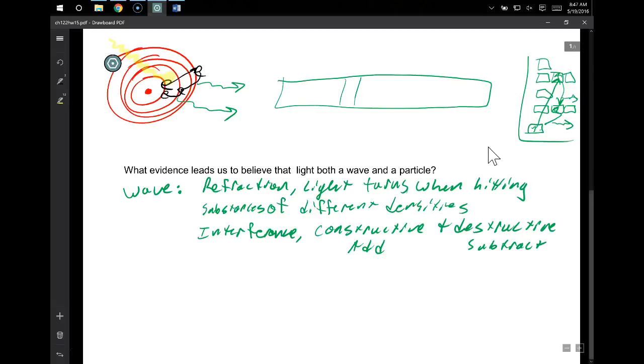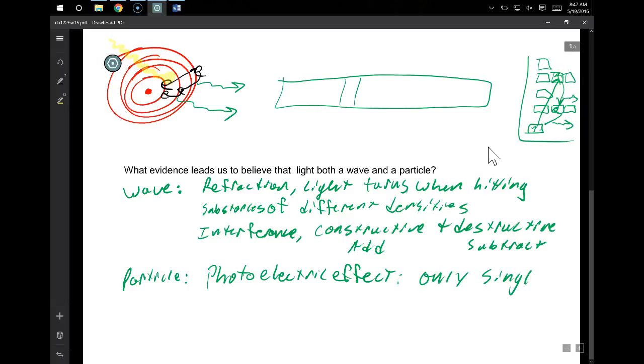What about particle? So only single photons.